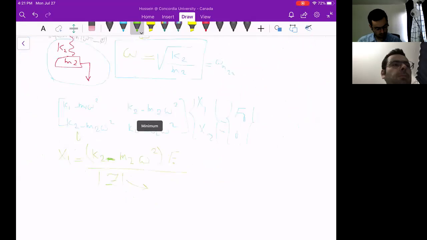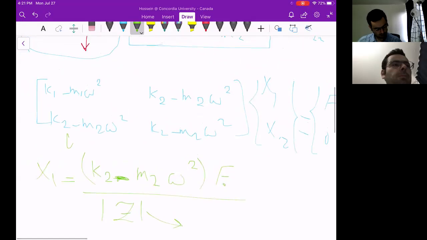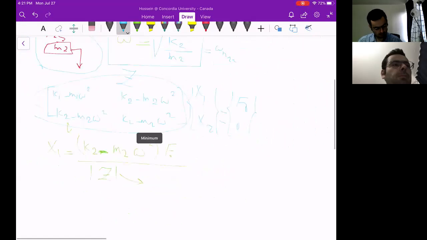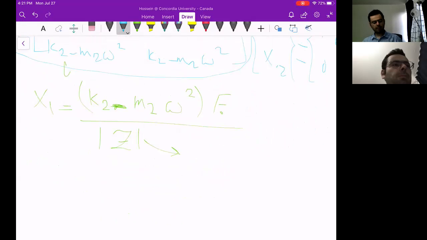It's just the determinant of this equation. This is called Z, the determinant of Z.